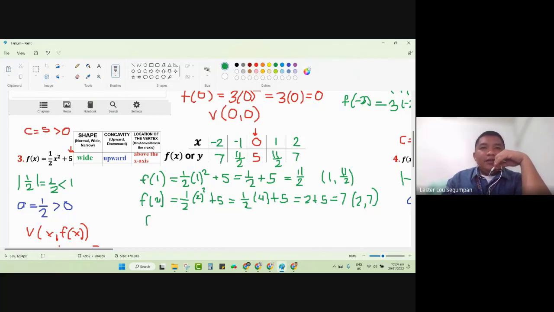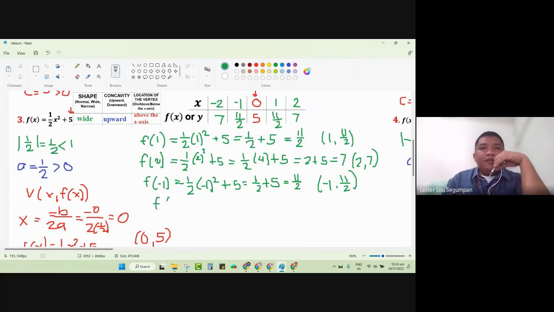Let's still continue. F of negative 1 is equal to 1/2 times negative 1 squared plus 5. The square of negative 1 is just 1. So you are left with 1/2 plus 5, which is, again, 5 and 1 half, or 11 halves. That's why you will have negative 1 and then 11 halves.